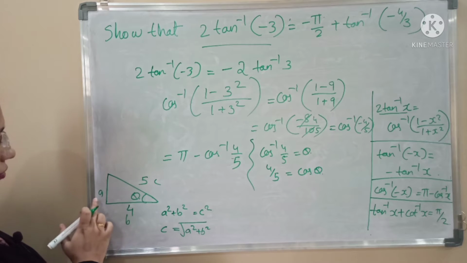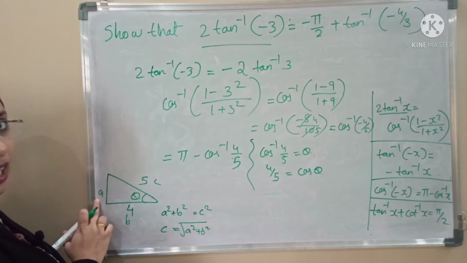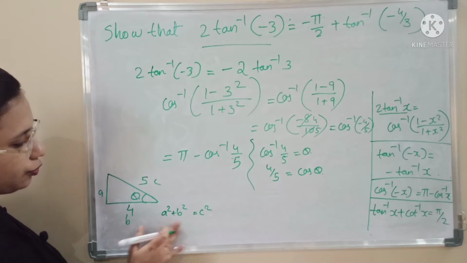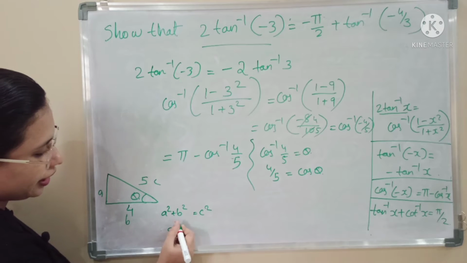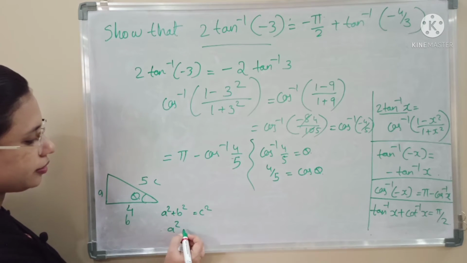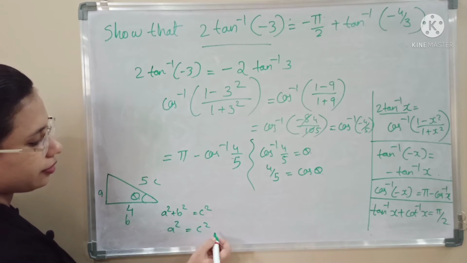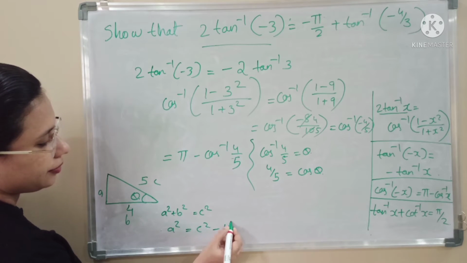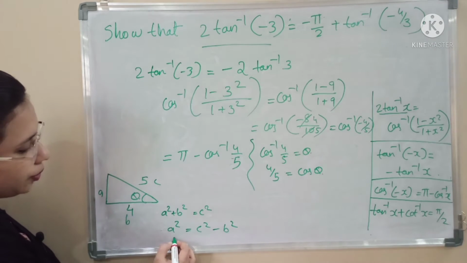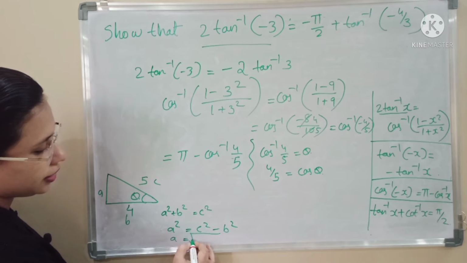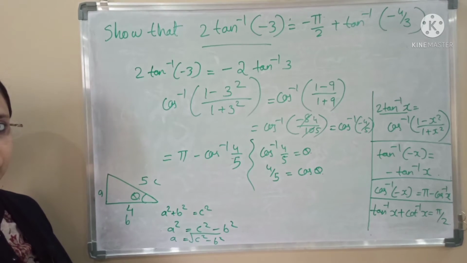Now here we are finding the a value, right? For finding a, keep the a square term there equals c square, and b square we take to the other side. Now a will be root of c square minus b square. Clear?